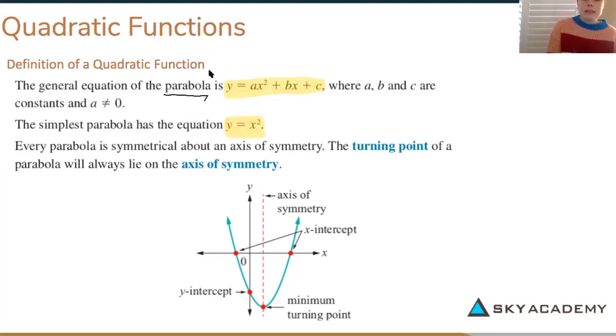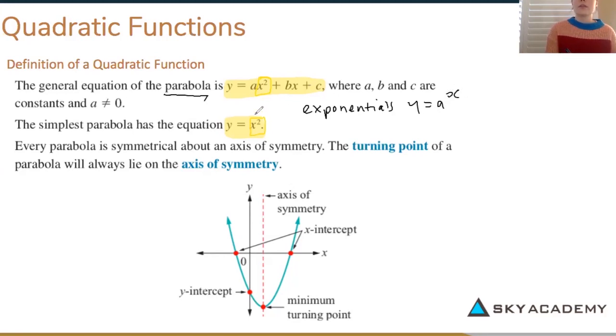Now, a distinguishing characteristic of a parabola is the x squared. So if you ever see x squared in a function, you can know that that is a parabola. In our previous videos, we looked at exponentials, and exponentials had the function y equals a to the power of x. So it also had a power in the function.